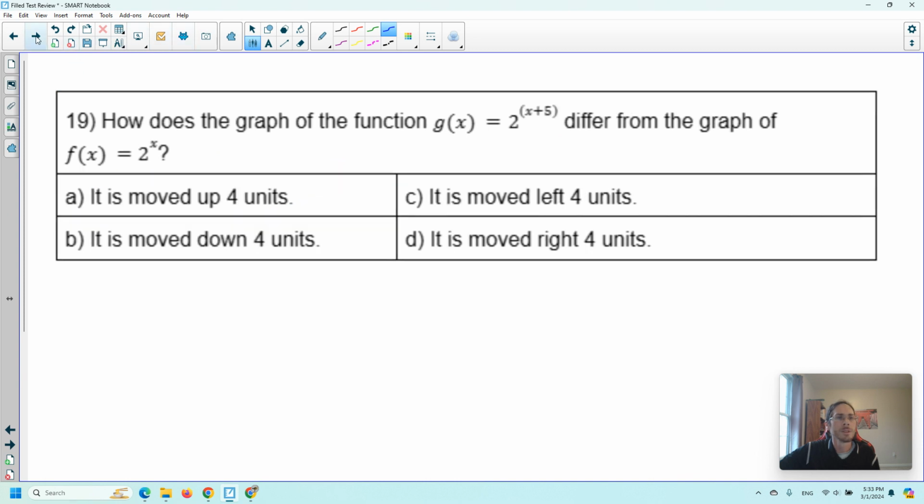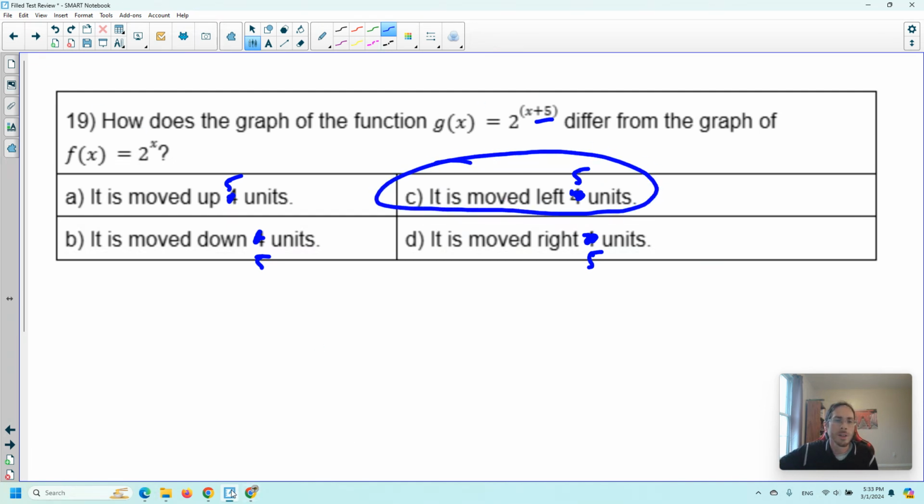All right. For 19, we got 2 to the x plus 5, and these are also not right. These need to be 5s. All right, so we've got 2 to the x plus 5. So we're in the parentheses, so we know we're going to go left or right. We're backwards, we're in the parentheses, so a plus sign is going to move it to the left. So we're going to go with C. Again, we can double check.